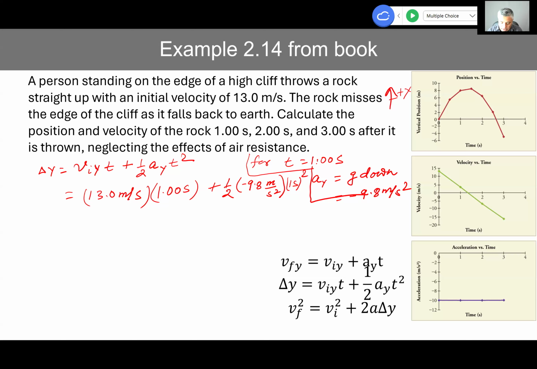Now this one, I think we can do in our head. So this is just 13 meters. This second and this second cancel. And half of 9.8 is 4.9. So positive times negative makes this negative. See, there is second squared and second squared, they cancel, giving you just meters.